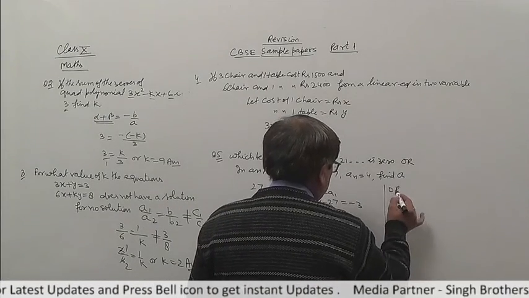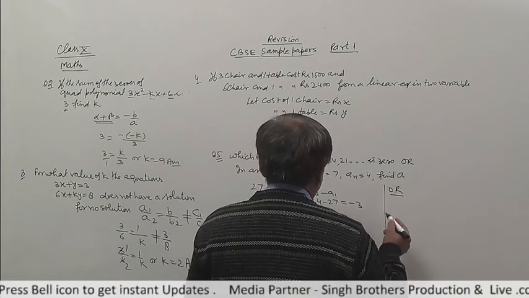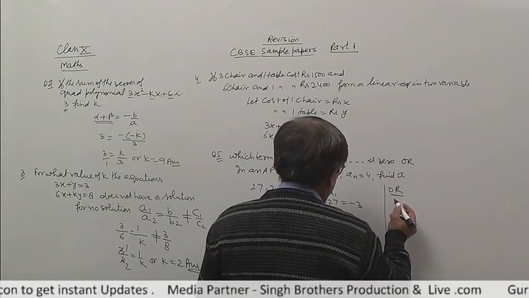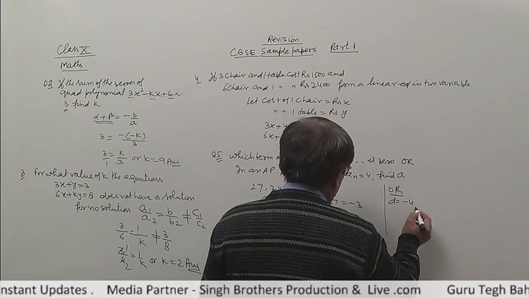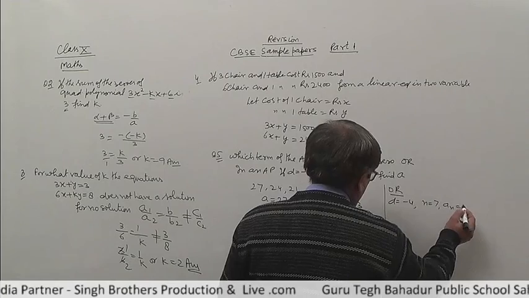Or, it is given that in an AP, d is equal to -4, n is equal to 7, a_n is equal to 4.